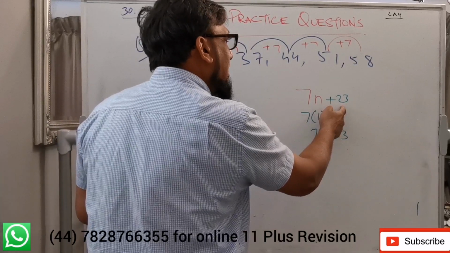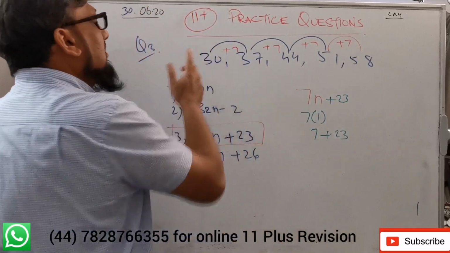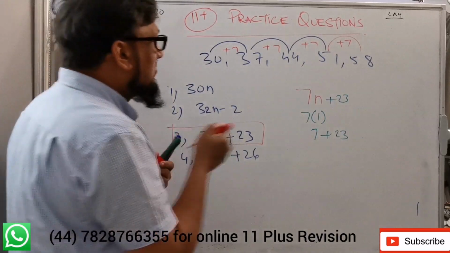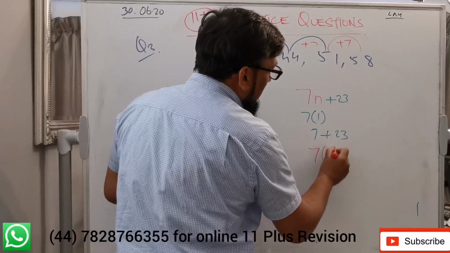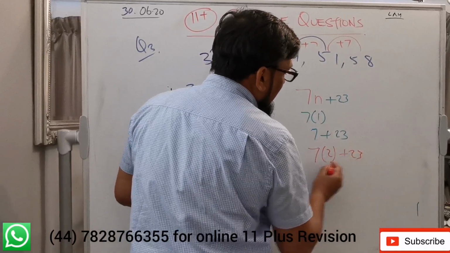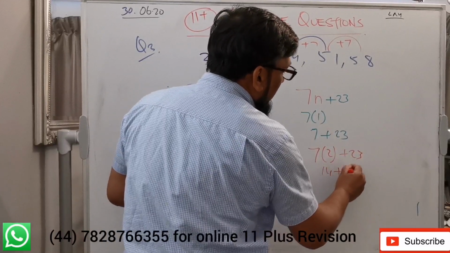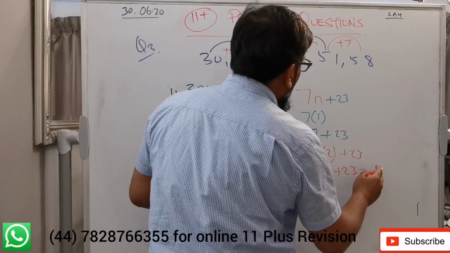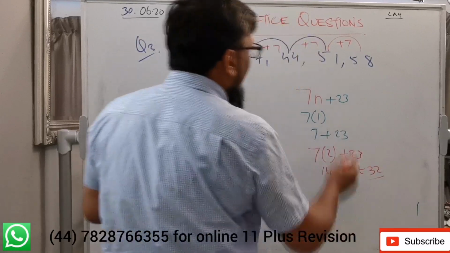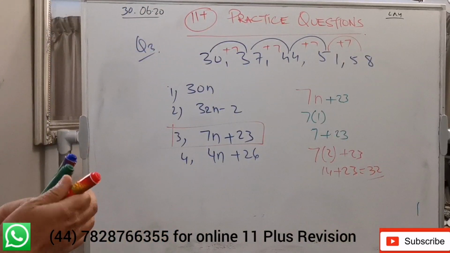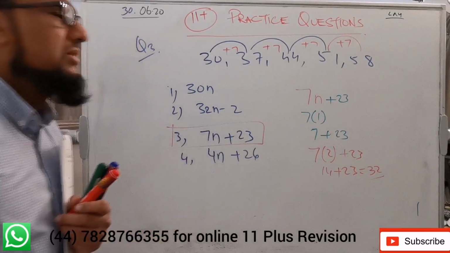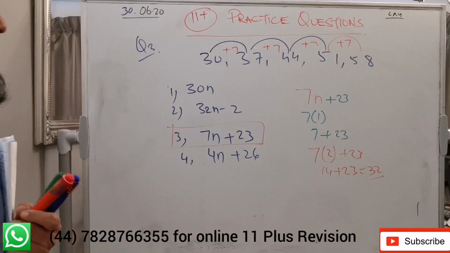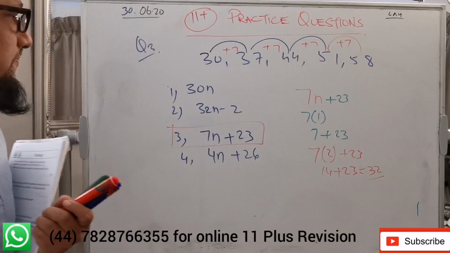If I add 23, you get the first term. You can verify as well. To find the second term, 7 times 2 is 14, and 14 plus 23 is 37. The same way you can do it. So the third one is the right answer. Very simple, very easy, okay?